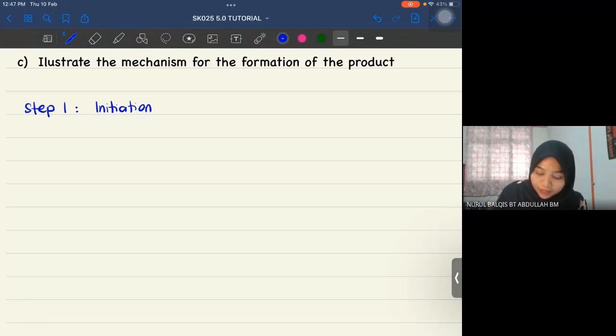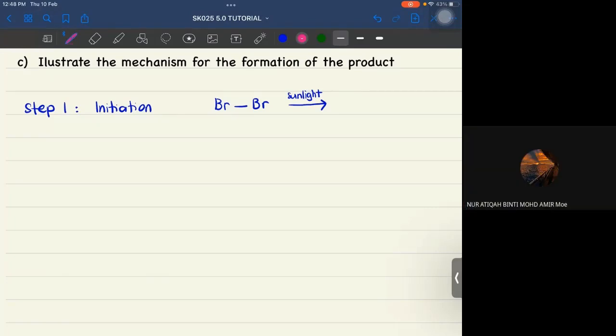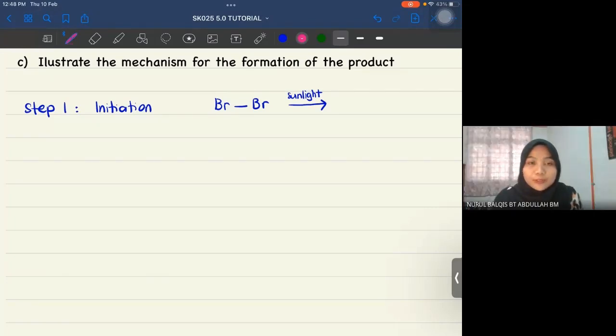Bromine. Bromine is a polar or non-polar molecule at the moment? Non-polar bond. Non-polar will undergo what kind of cleavage? Half.